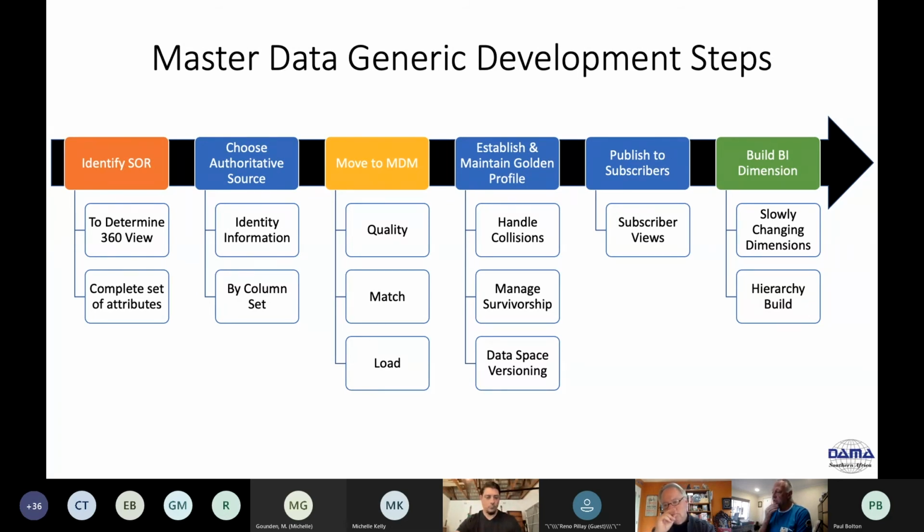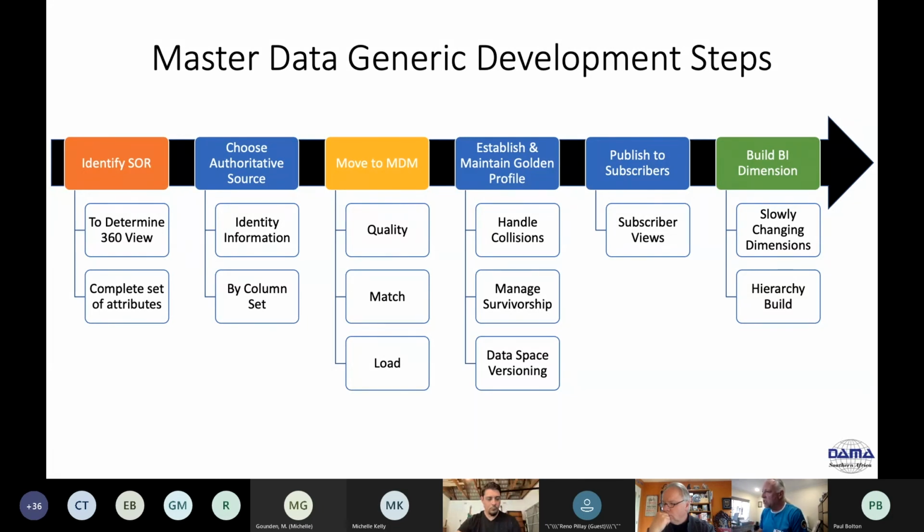Now, it's very helpful to initially work at a conceptual level and say, okay, for each of these systems of record, what are they all providing? And then once we've got the system of record, we go and say, for the identity information of the party or the business partner, which system will provide us with identity information?